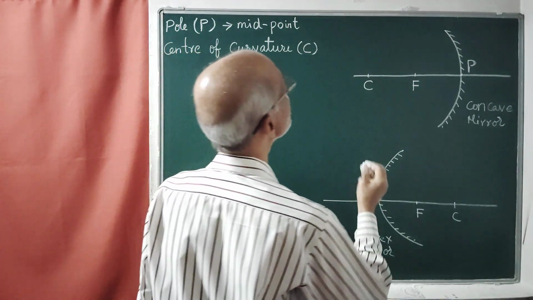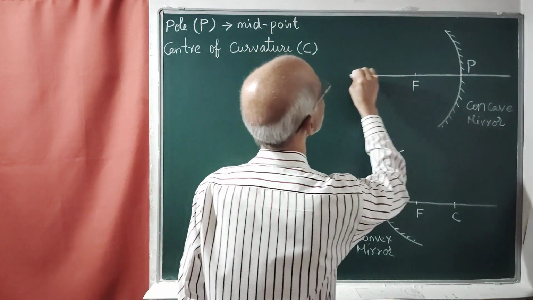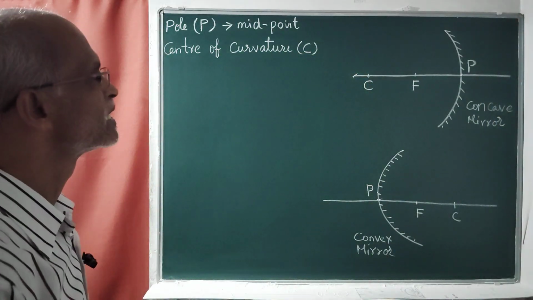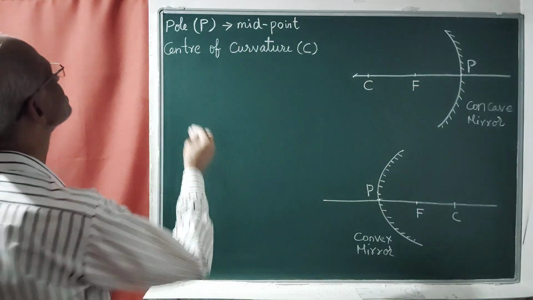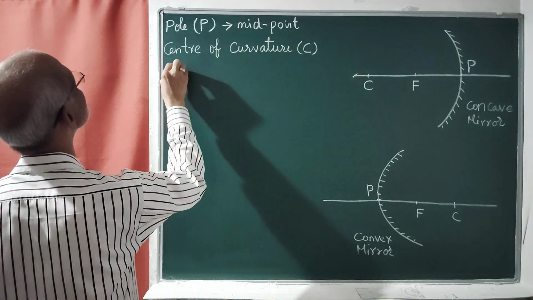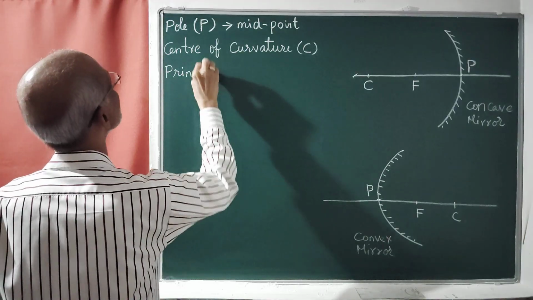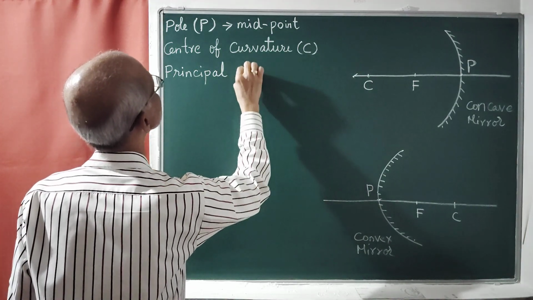Then there is a line here. This is called the principal axis.